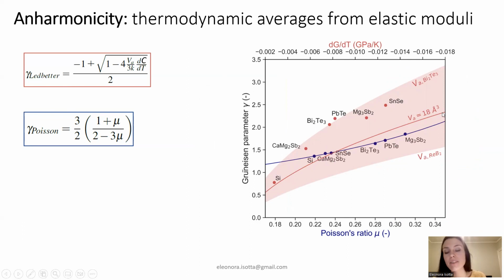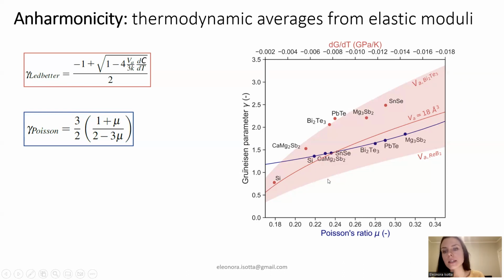And in red, we have the trend of Grüneisen parameter with the Leadbetter formula for a series of regular temperature derivatives of the elastic moduli, in this case, the shear modulus. So what we can see straight off the bat is that the Leadbetter method will intrinsically allow to have a larger spread of Grüneisen parameter. On top of this, the Leadbetter formula does not depend only on the temperature derivative of elastic moduli. It will also depend on the volume per atom.